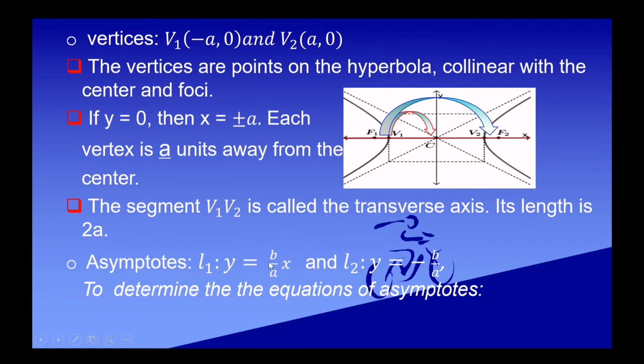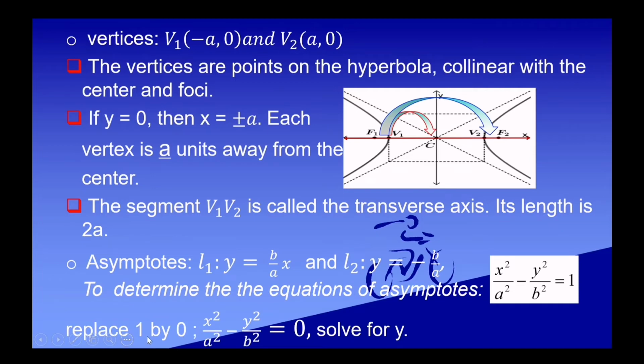We have the asymptotes here, line 1 and line 2. To determine the equations of the asymptotes, we can use this equation with the standard equation of the hyperbola. We replace the 1 by 0, yung 1 natin palitan ng 0, then solve for y.